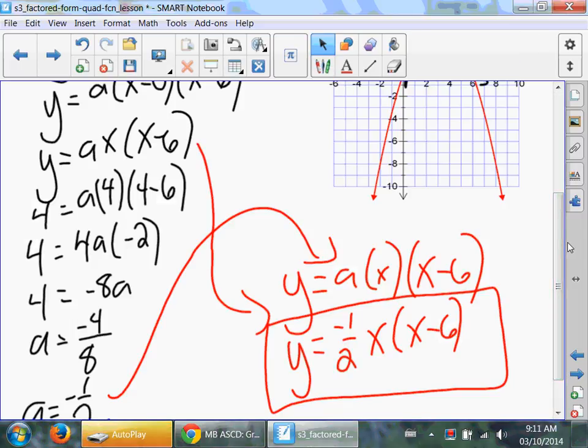So we plug in whatever those roots are for r and s. Then we find some other point on the graph where we definitely know the x and the y coordinates, plug them in for x and y, and solve for a. a is negative, and that makes sense, right? It makes sense that a is negative because it points down.